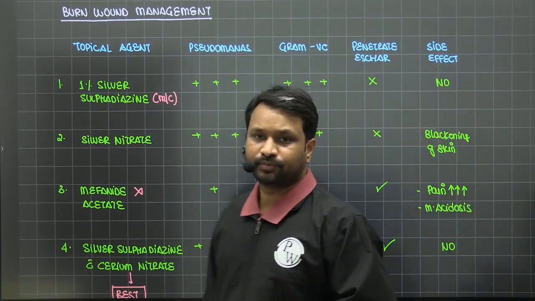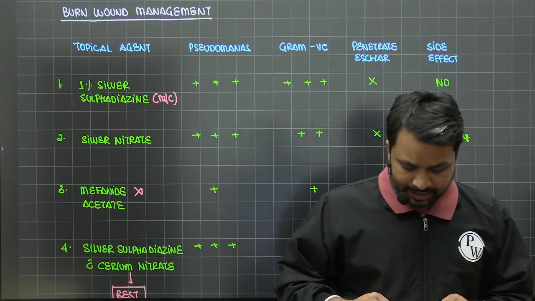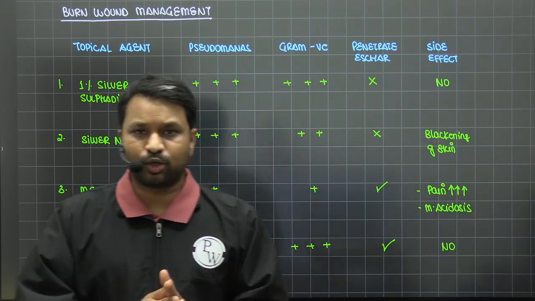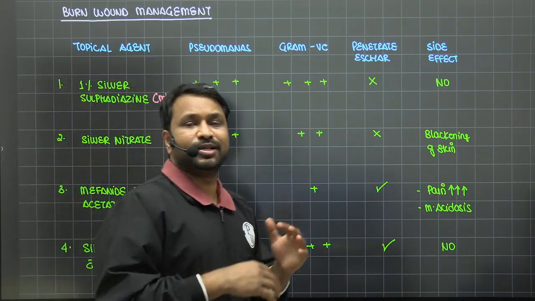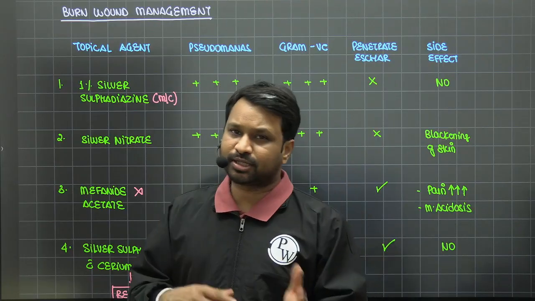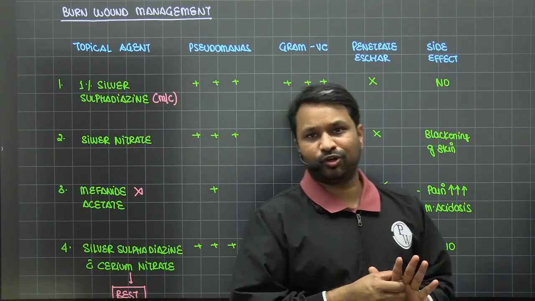Clear? Right? So this completes your entire discussion on burns as well. We spoke about what to look for in burns, how you manage burns, what the topical agents are, what the criteria are, fluid resuscitation protocols, crystalloids, colloids, everything we have dealt with in this discussion of burns, right?